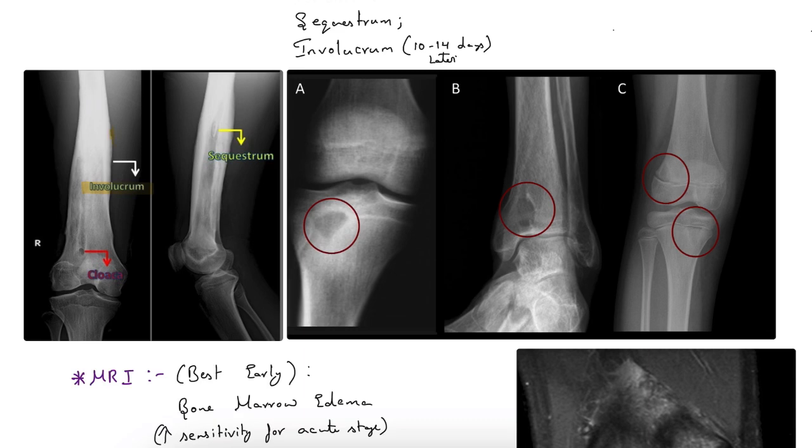In this area the bone has bulged and increased. In sequestration, if any bone undergoes necrosis and breaks, we call that sequestrum.